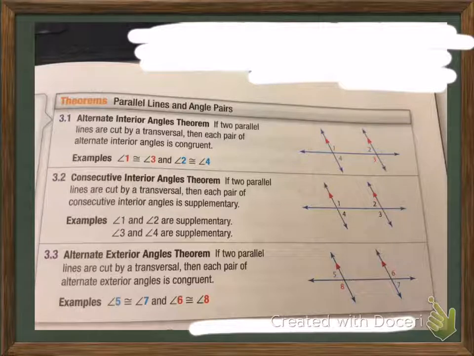And then consecutive interior angles, which are, again, inside the two parallel lines, but they are next to each other, so that means consecutive. 1 and 2 would be consecutive interior, and 4 and 3 would be consecutive interior. Those are not congruent, those are supplementary. And then you have the alternate exterior angles, which means they are outside of the two parallel lines, and again they alternate between the transversal, so angles 5 and 7 and 6 and 8, and those are also congruent.